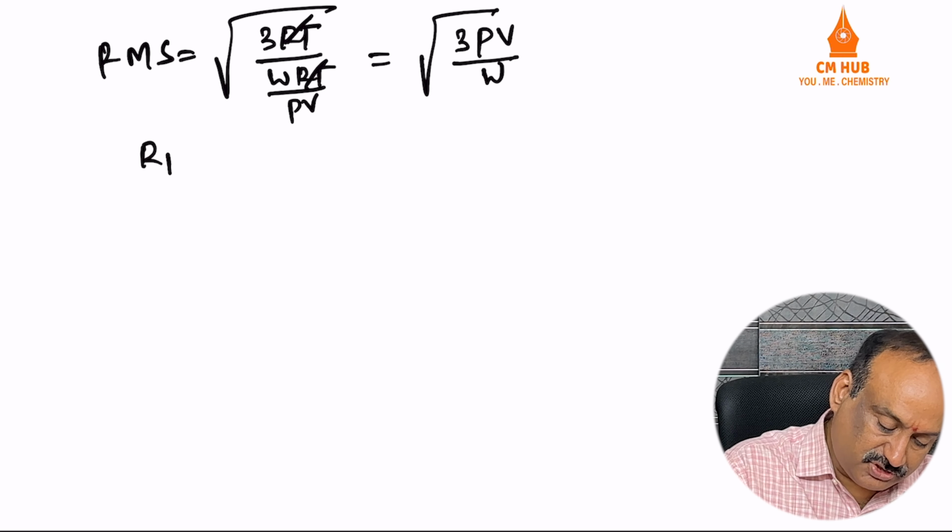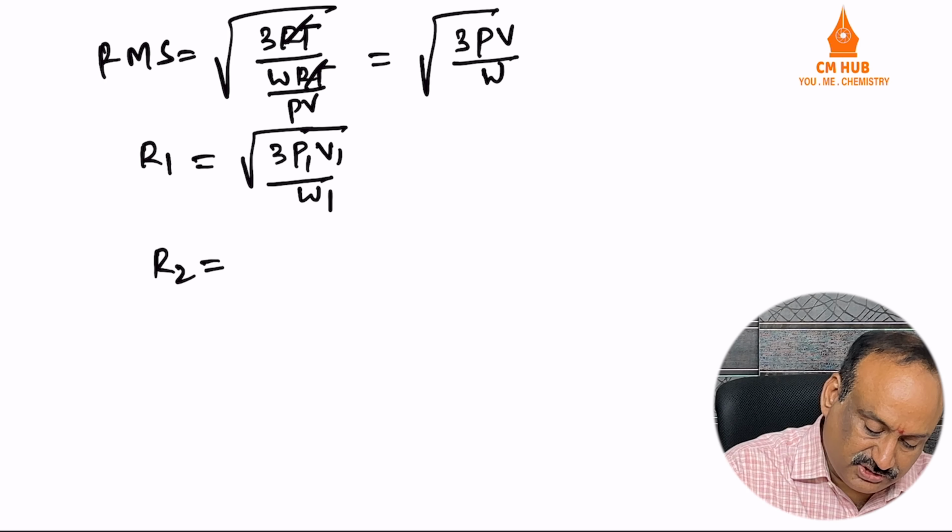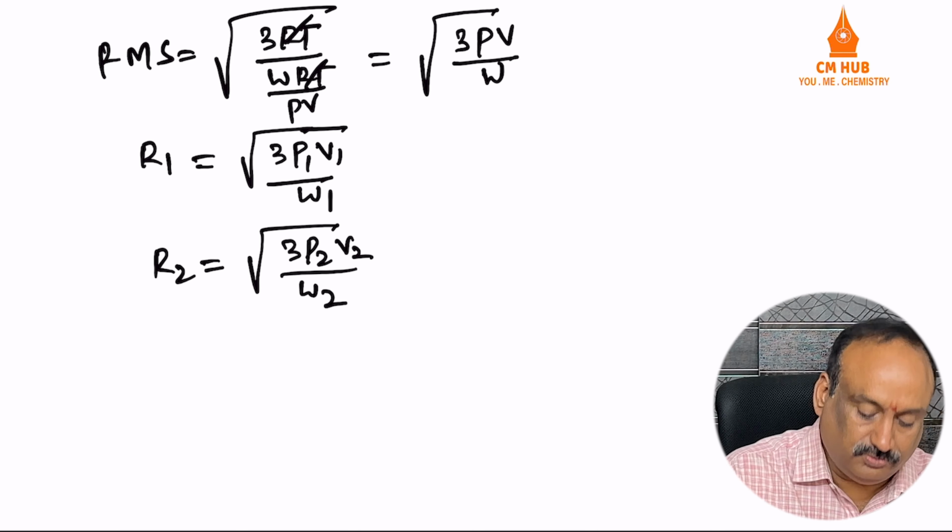Now I put the RMS velocity of the first one, R1, as equal to under root 3P1V1 by W1. R2 of the second gas is equal to under root 3P2V2 by W2.